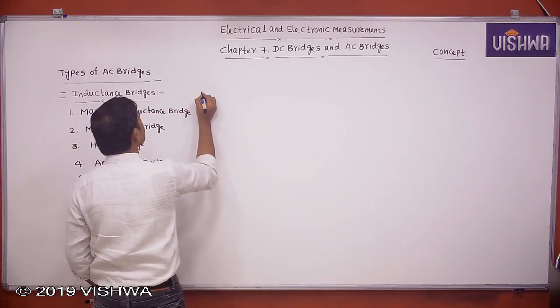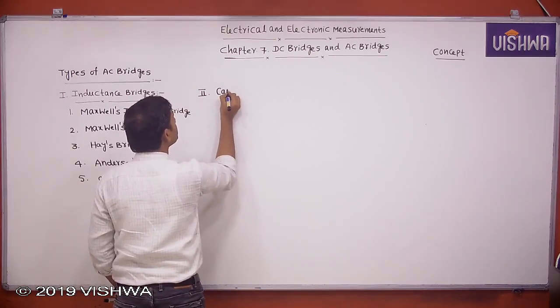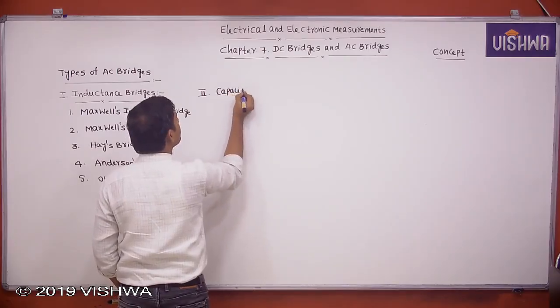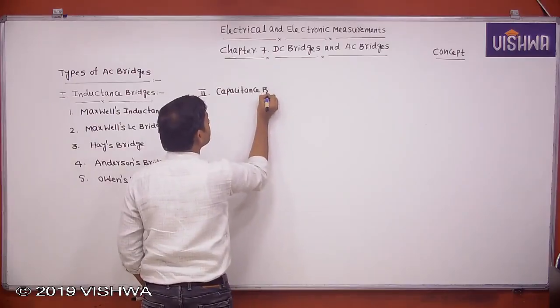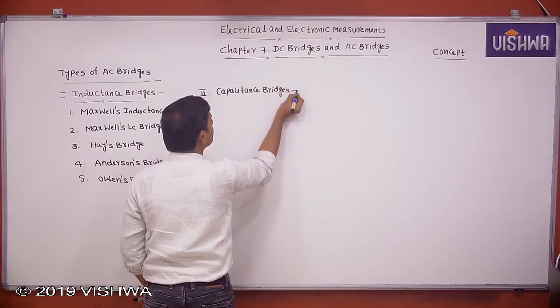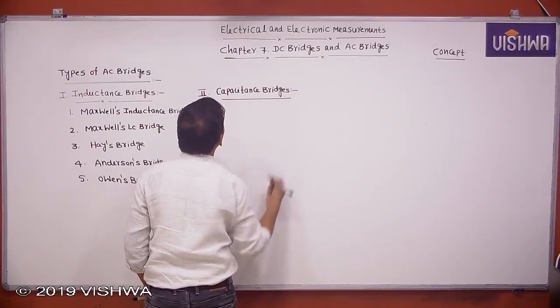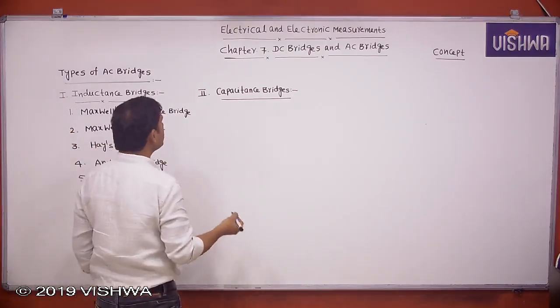The next one is capacitance bridges. What are the different types of capacitance bridges we are using?